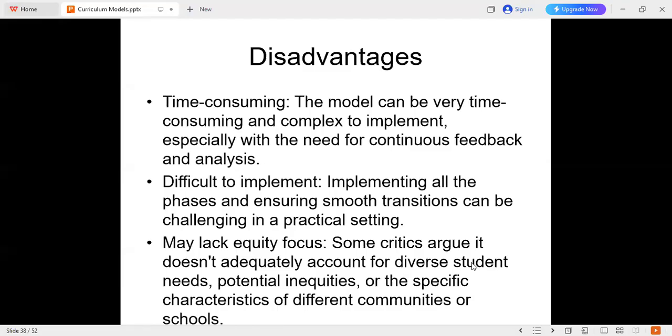Therefore, the previous government wanted to start a separate curriculum development center for the curriculum development process, but they could not do that. We already had a curriculum development center, but after the formation of NIE, they abolished it. The previous government wanted to create a curriculum development center separately in Sri Lanka, whose work would be only the curriculum development process.